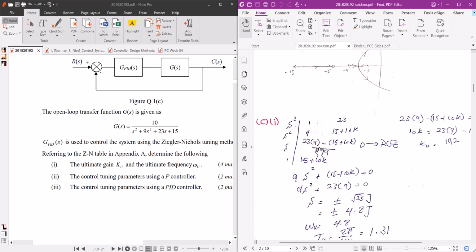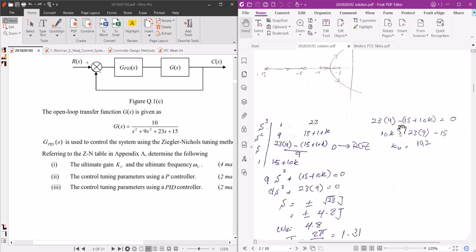Now you have to make one row 0, so we make this row 0. When we make this row 0, it means (23 into 9 minus 15 plus 10k) over 9 equals 0. Nine goes to this side and becomes 0, we get this term, and if you solve this step by step, you will get the answer 192.